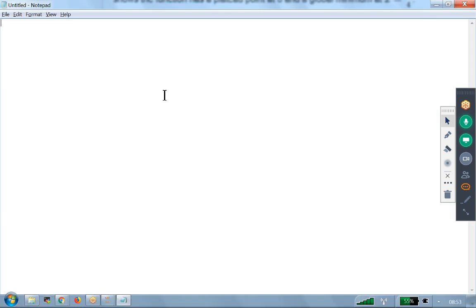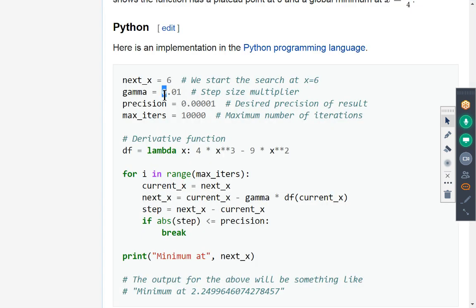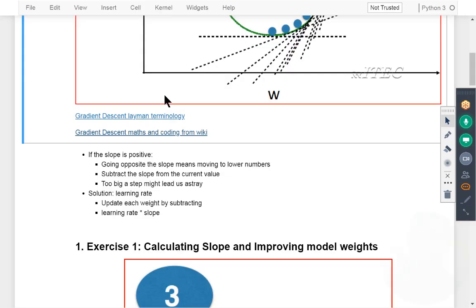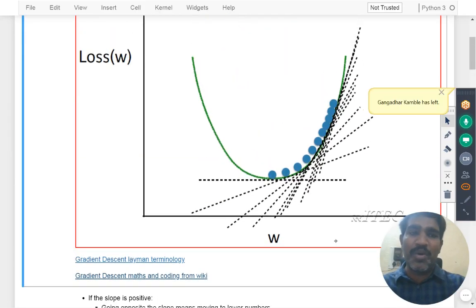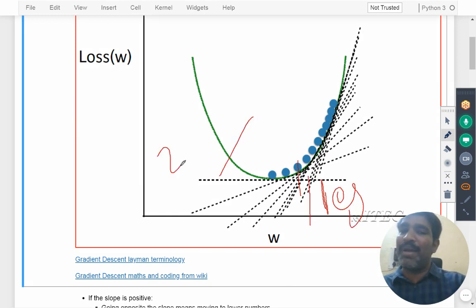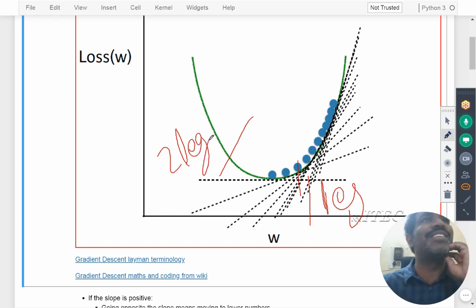If you take too long a step, one more big problem comes into the picture. Suppose my first leg is here, and I take a long step and put my leg here. Then what will happen? I lose the real minimum point.